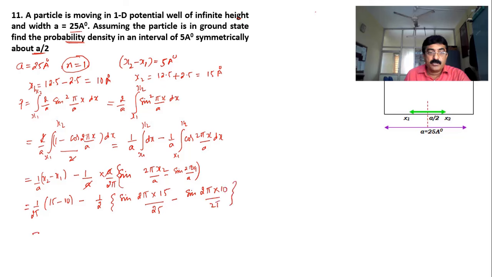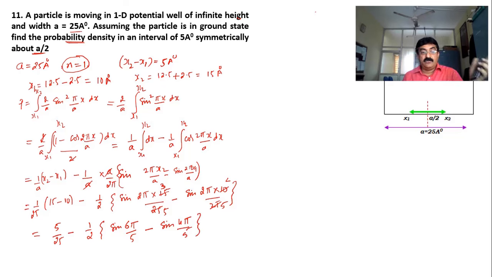That is equal to 5 by 25 minus 1 by 2 into sine of, please check, 5 3s are, 5 5s are. So finally it is sine of 6 pi by 5 minus sine of 4 pi by 5.